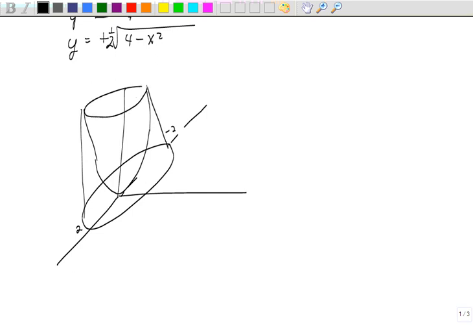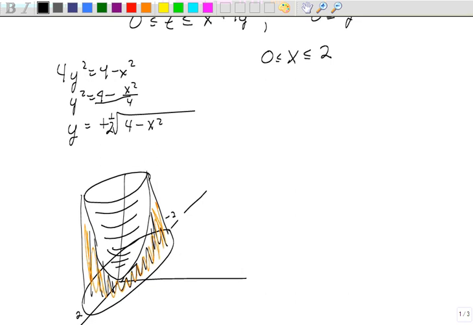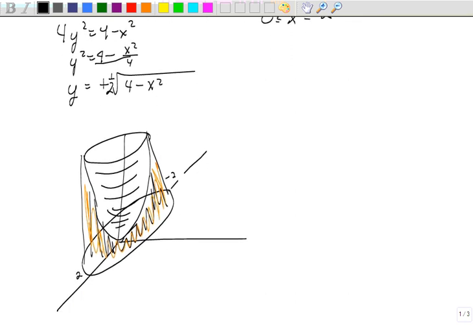And it's going to be a bowl. And we want the solid in here, in the red. It's going to be all filled in. Okay. So our x, you see, is between 0 and 2.